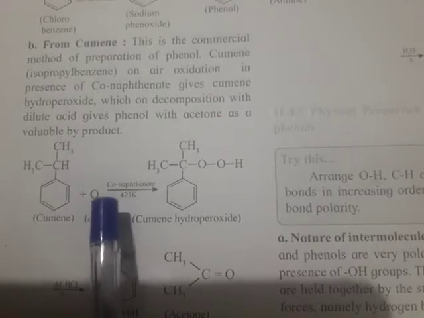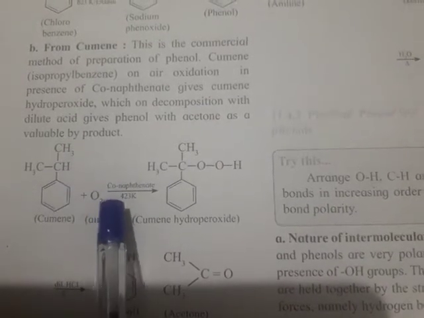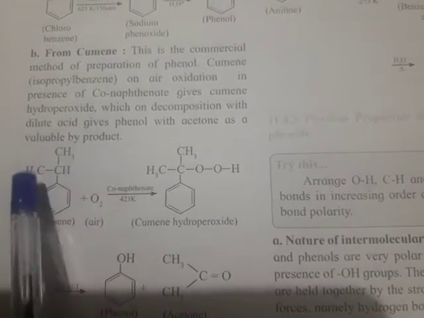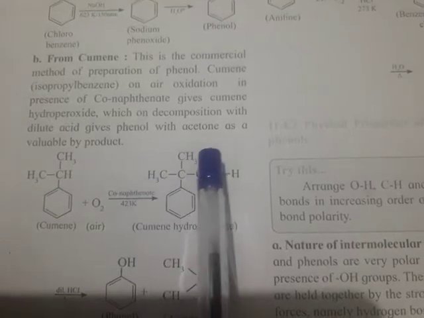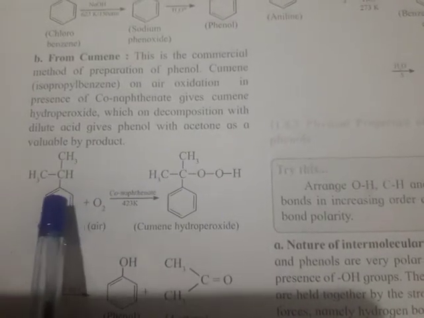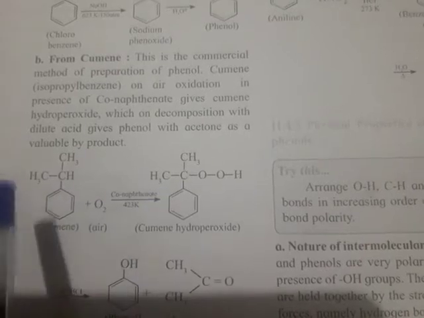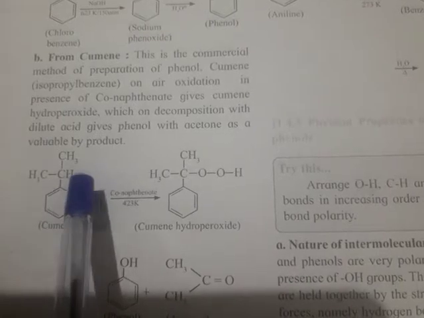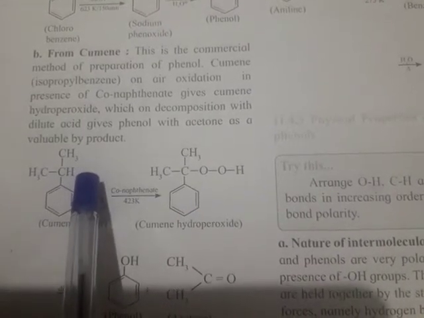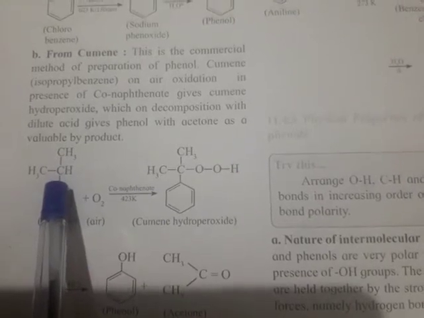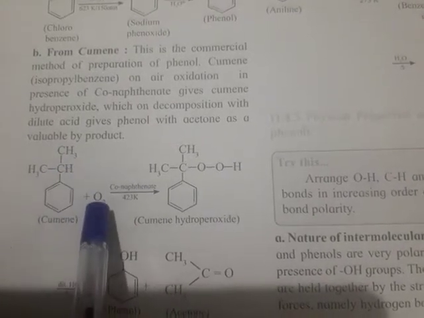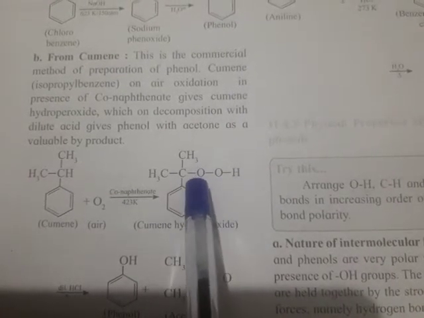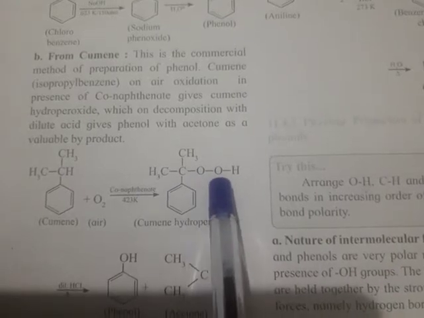Now what is the change? It's an oxidation, means addition of oxygen. So oxygen is added between this carbon and hydrogen bond. These two CH3 remain as they are, and the phenyl ring is as it is. So what's the change? Just the CH bond breaks. It is easy to remove the hydrogen attached to carbon. So between this carbon and hydrogen, these two oxygen atoms are introduced, and we know whenever there is an OO linkage, we call it peroxide.